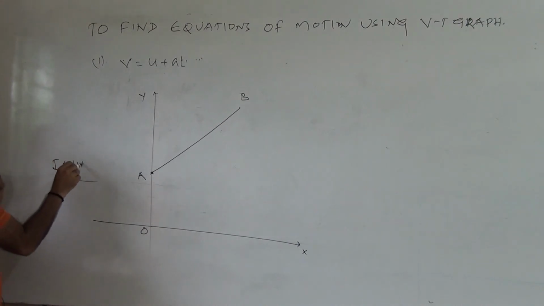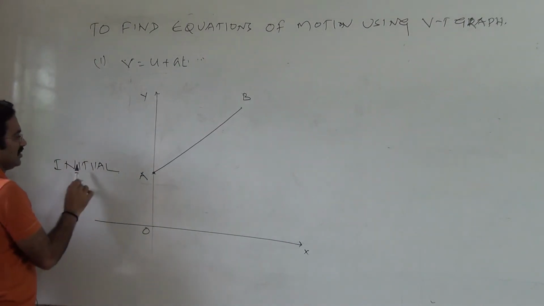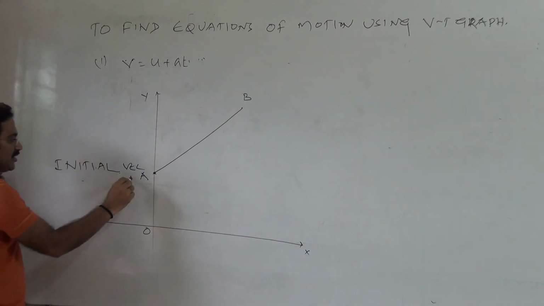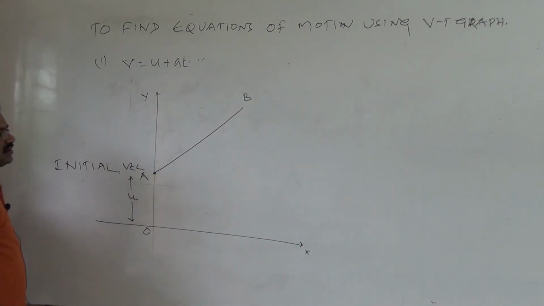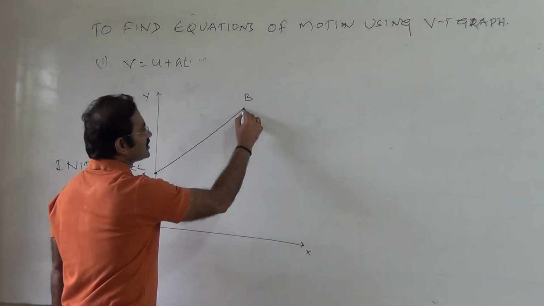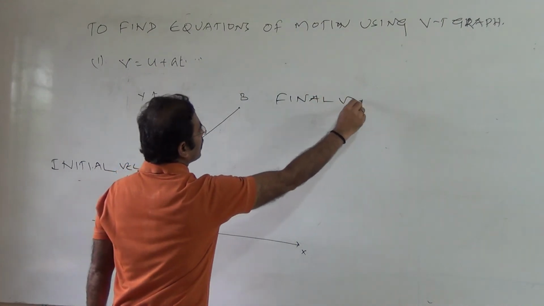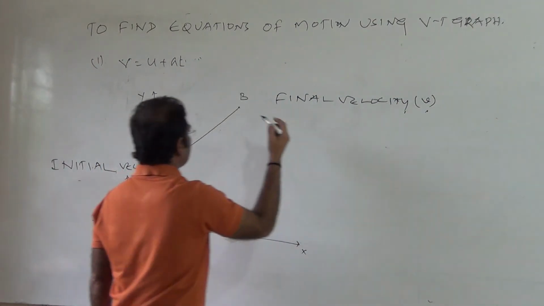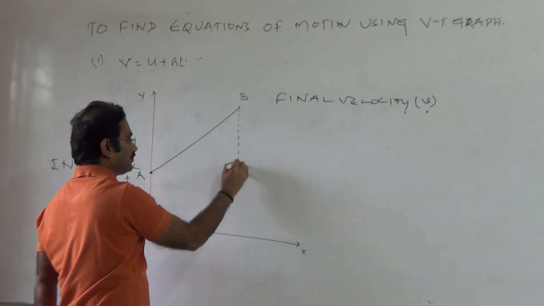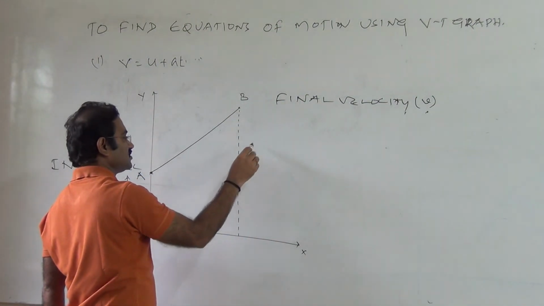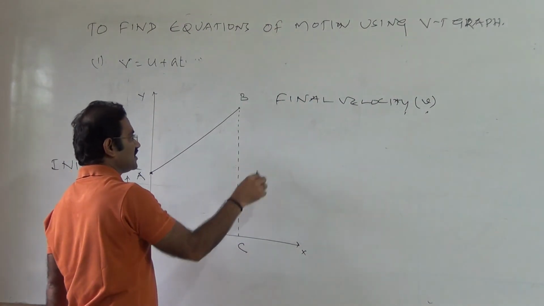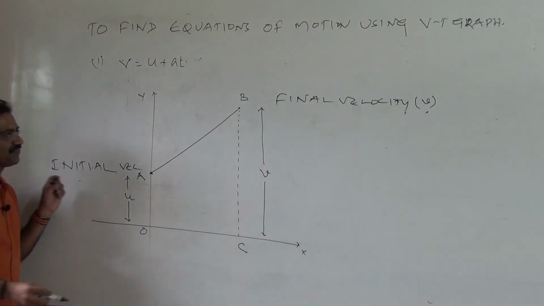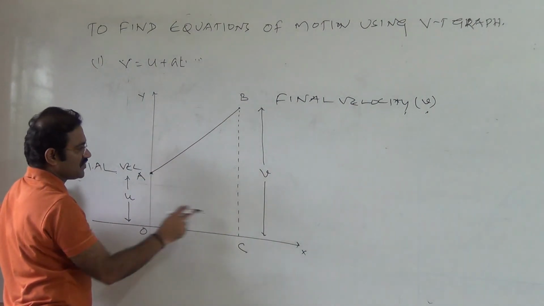The initial velocity is denoted by the letter U. And this is the final velocity, denoted by the letter V. Call this point C, and this is equal to V. The initial velocity is U, the final velocity is V.